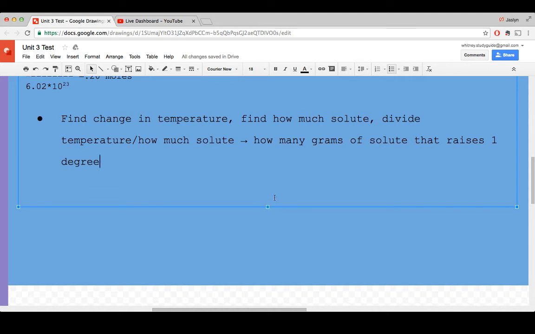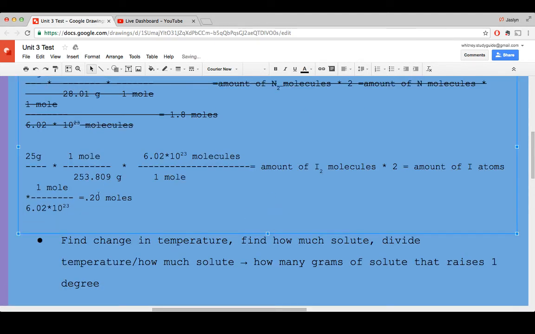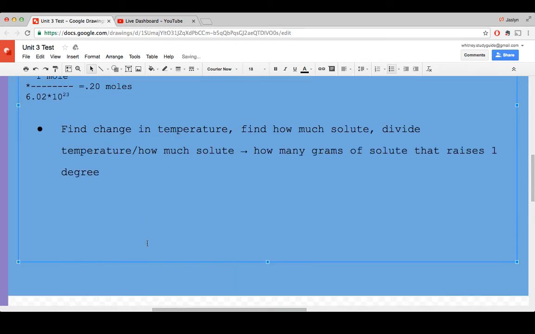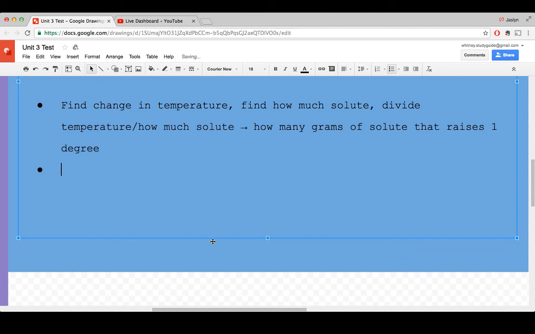So really, the boiling point of water is normally 100. So it was asking for a change in boiling point from 100 degrees to 101.8 degrees. So that's a change of 1.8 degrees.